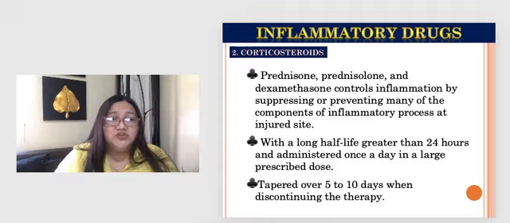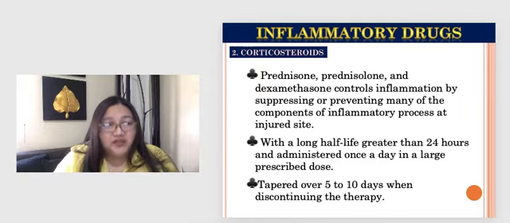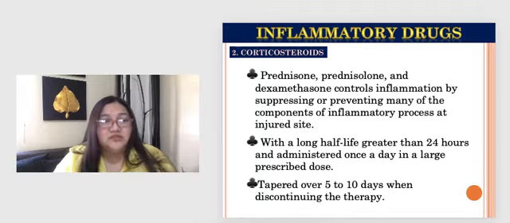Alright? This drug is widely used for arthritis. But remember, these drugs are not drugs of choice for arthritis kasi marami siyang side effect. Pero madalas, effective siya at ginagamit siya sa mga arthritic flare-ups, pag inaatake ng pamamaga ng arthritis. Alright?